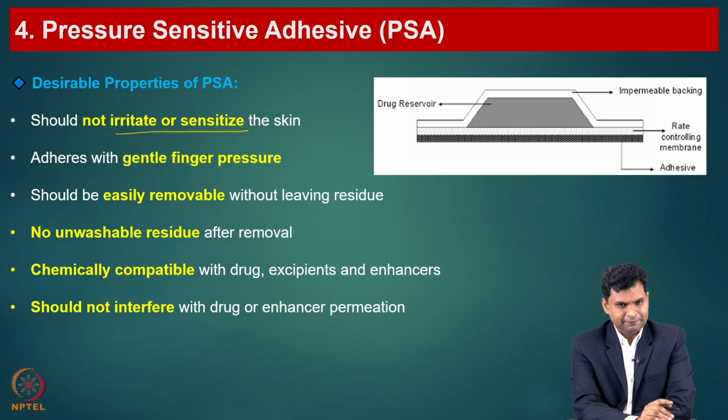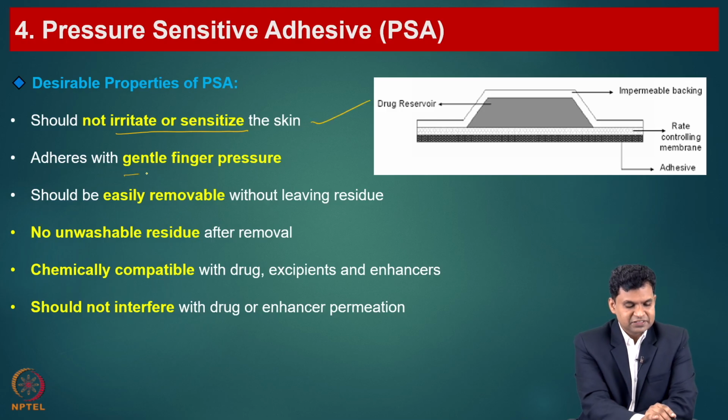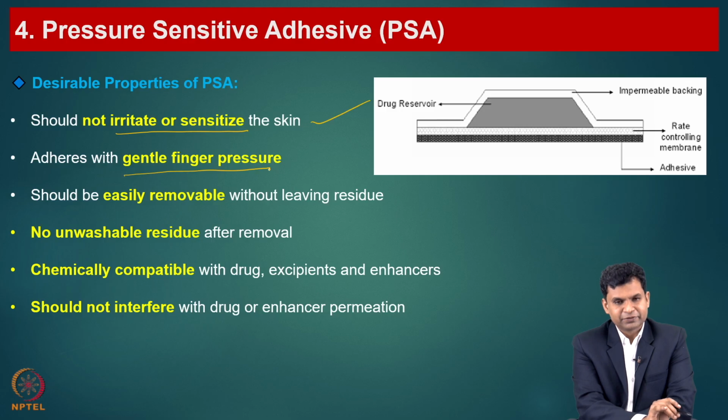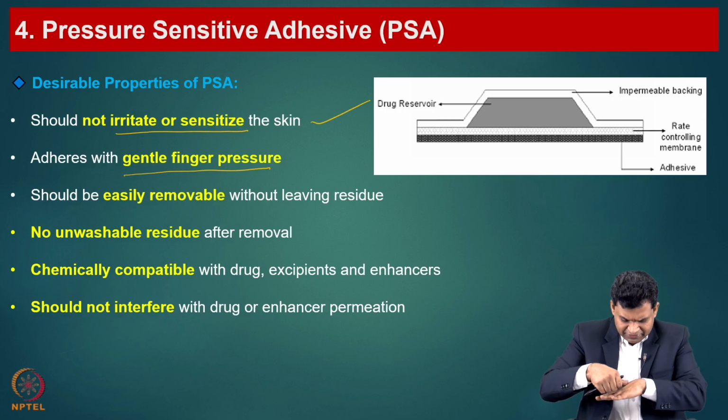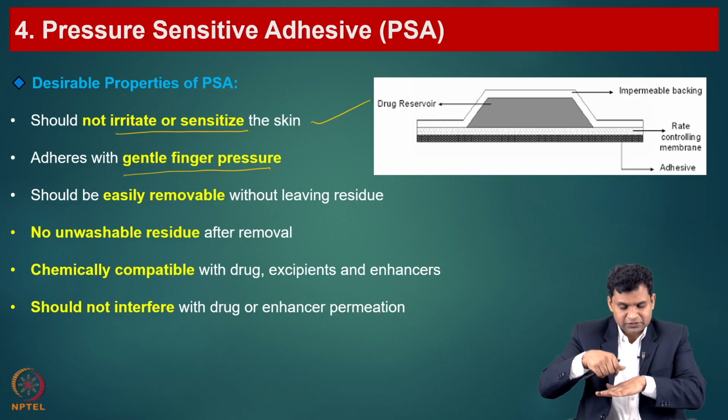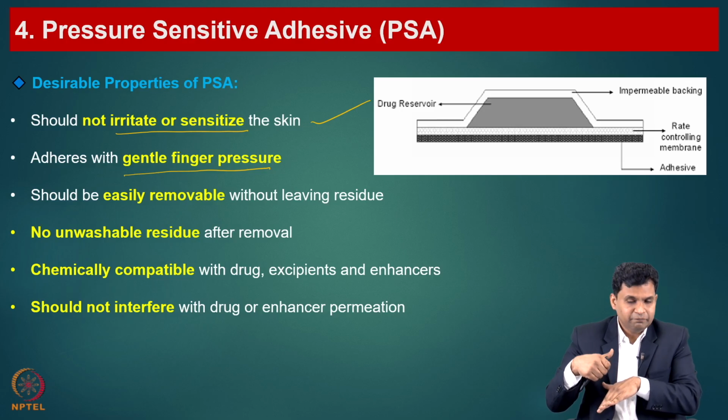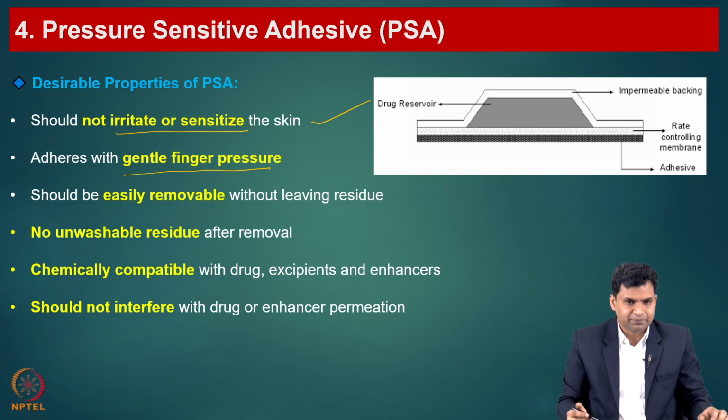So, that should not irritate the skin. It should adhere with a gentle finger pressure. After applying with a small force, it needs to adhere on the skin. Based on those properties we need to select the right component.